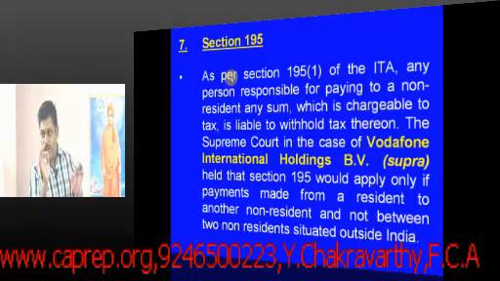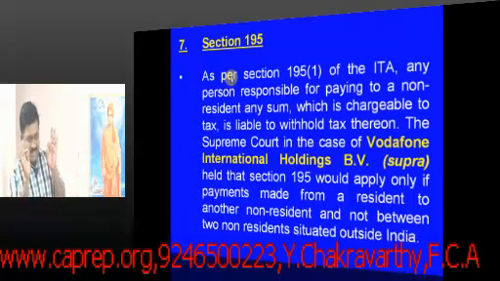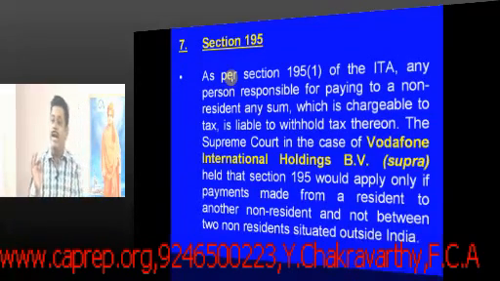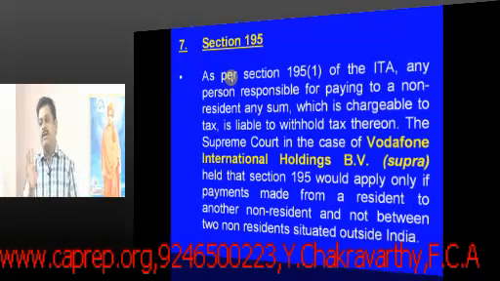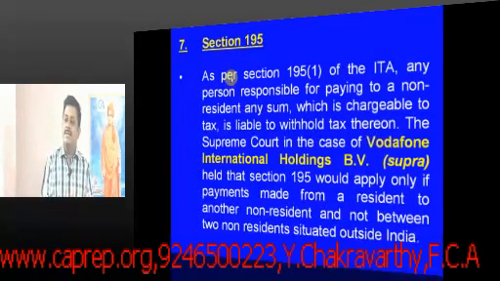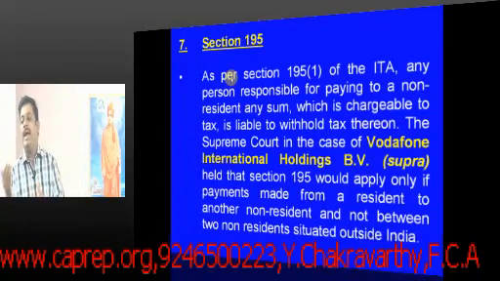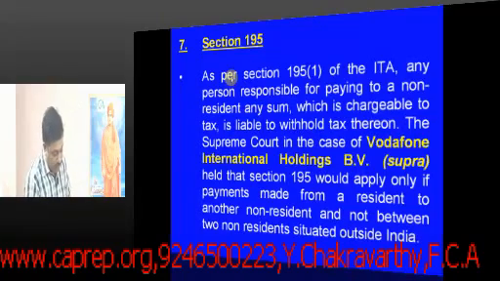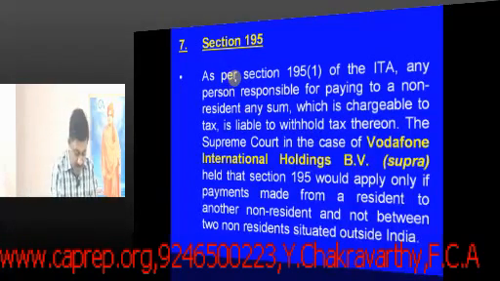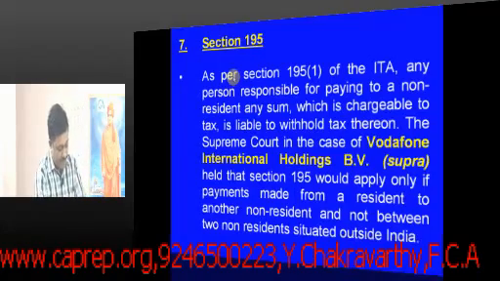Now I am not going into it, but once the payment is liable for TDS, in case the payment is to a non-resident, then necessarily you have to deduct the TDS. Failing to do that, you will be liable to be called an assessee deemed to be in default. Now, what are the amendments to section 195?